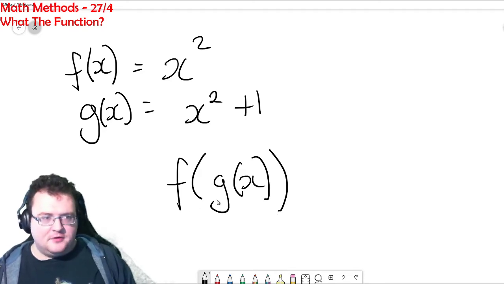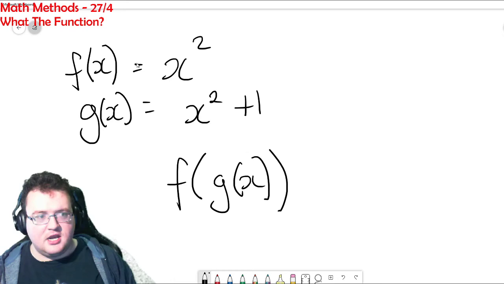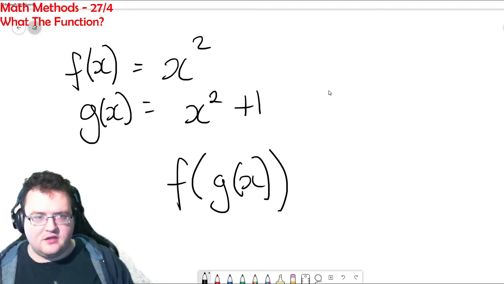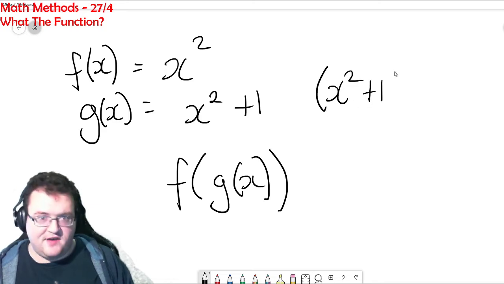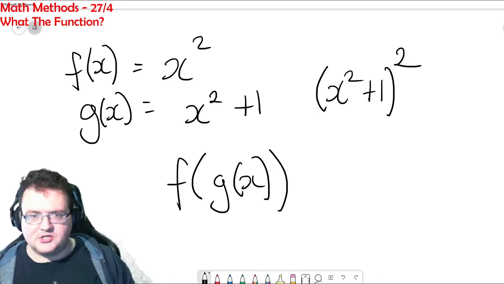So what's going to happen is that in this function here, f of x is equal to x squared. What have I replaced the x with? I've replaced it in here with g of x, and I know that g of x is all of this. So what I'm going to therefore do is replace the x here with all of this, and I end up with x squared plus 1, which is g of x, inside x squared, like so.